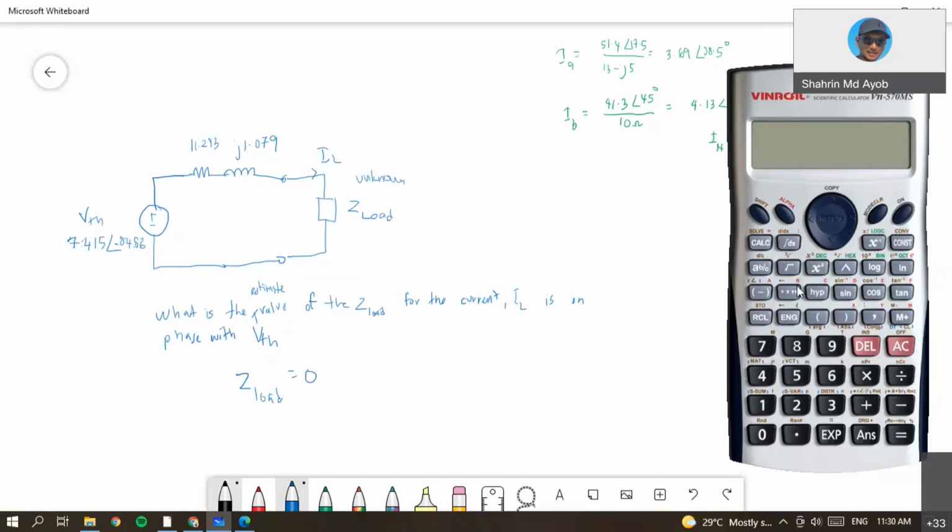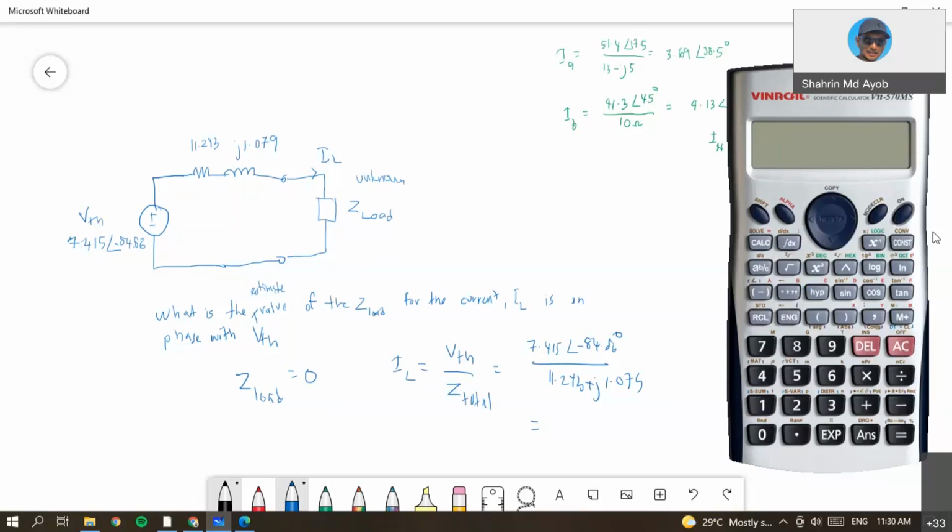If you want to check, you can check. If Z load is 0, you can calculate your IL, which is VTH over Z total. Your VTH is 7.415 with an angle of negative 84.86 degrees, over 11.243 plus J 1.079.